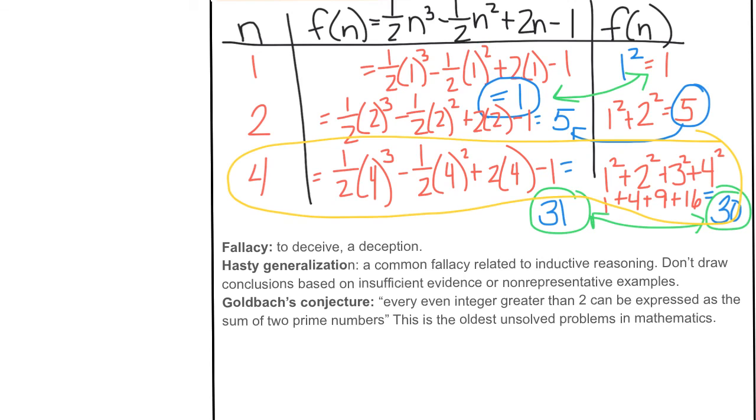Don't draw conclusions based on insufficient evidence or non-representative examples. You'll hear me say this a lot. Don't trust a picture. A lot of students will say, well, they look like parallel lines. Don't trust the picture. Unless it tells you they're parallel lines, don't trust it. Don't trust the picture.